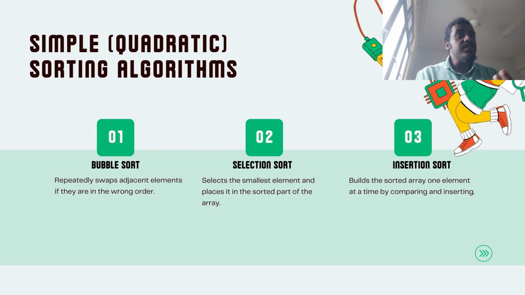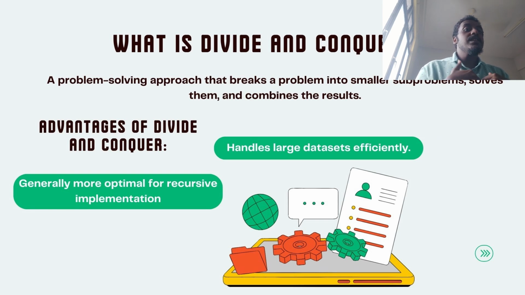While simple to understand, these algorithms are best suited for small or nearly sorted datasets due to their n squared time complexity. That's why they are called quadratic algorithms. Now we can dive into the divide and conquer algorithms like merge sort and quicksort.